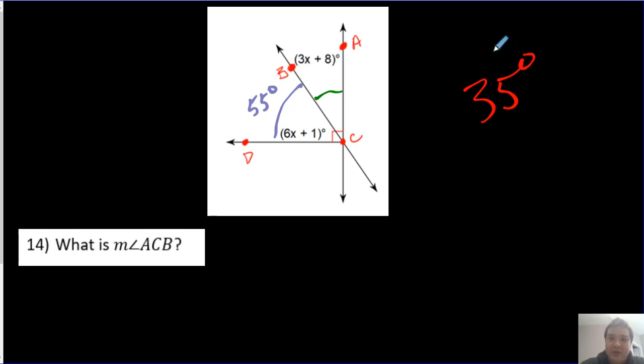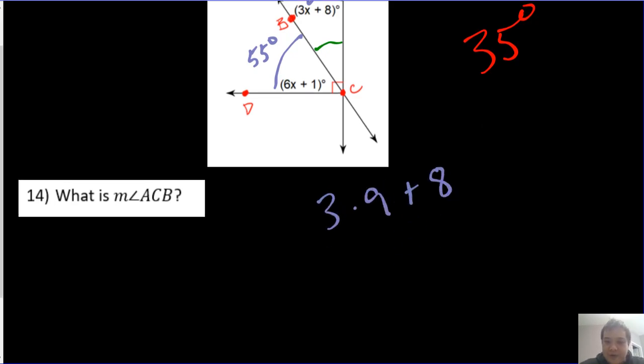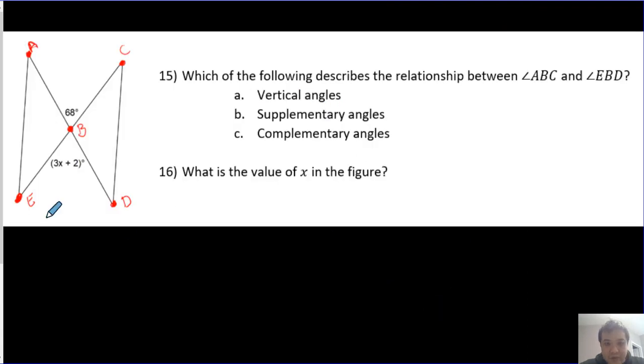Another way we could have done this is also plug in 9 right here. So 3 times 9 plus 8, which is 27, plus 8, which is 35 degrees as well. Go ahead and try these two out on your own.